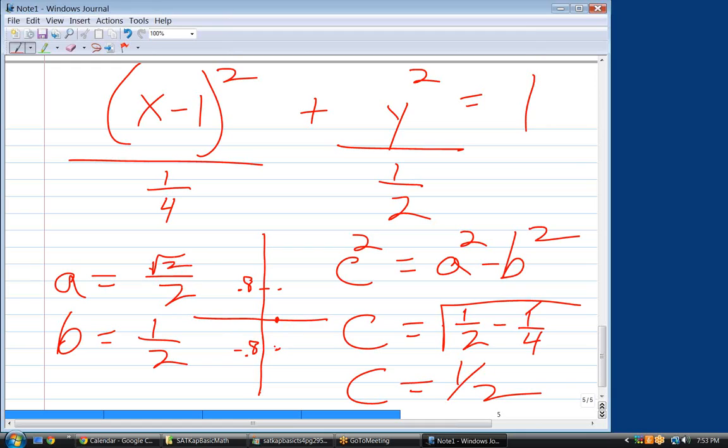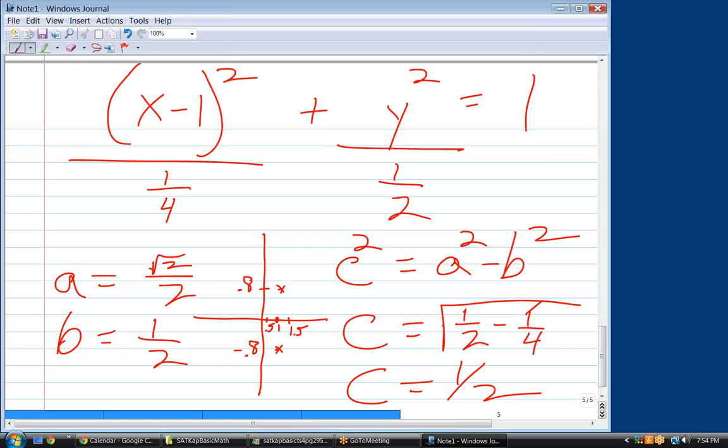So there's the major vertices for this ellipse. And B is 1/2. This is 1, so B is right there at 1.5. And the other B, the other end, is at 0.5.